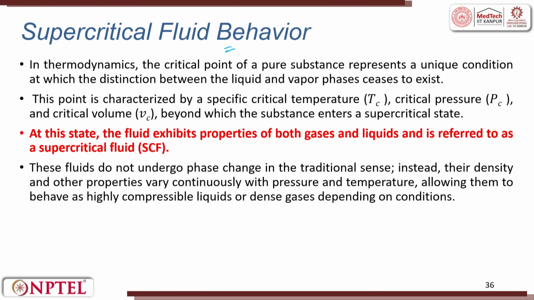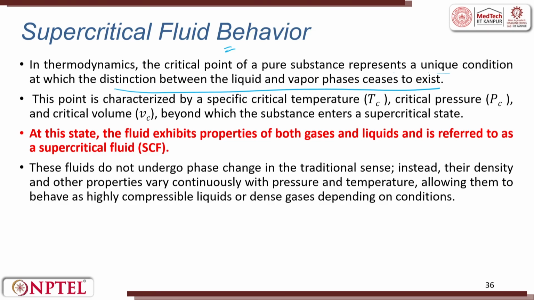So, finally, we will try to see what supercritical fluid behavior is. In thermodynamics, the critical point of a pure substance represents a unique condition at which the distinction between liquid and vapor phase ceases to exist.